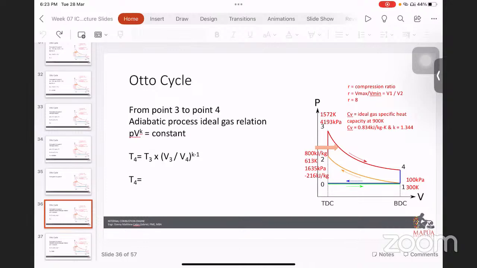Yung volume at 3 and 4 is still equal to the compression ratio. So compression ratio raised to the specific heat nung substance mo at 900 K, which is 1.344 minus 1. So calculated mo na yung T3 from the previous process. So T4 can be calculated. And T4 is about 769 Kelvin.